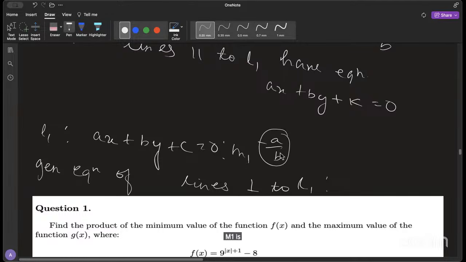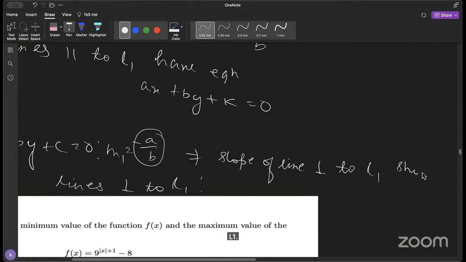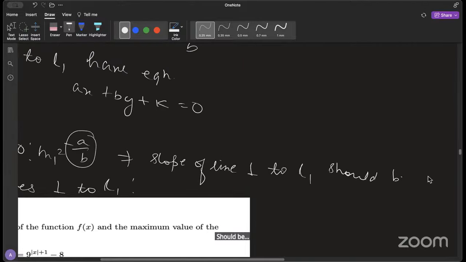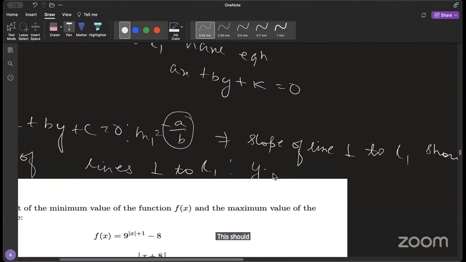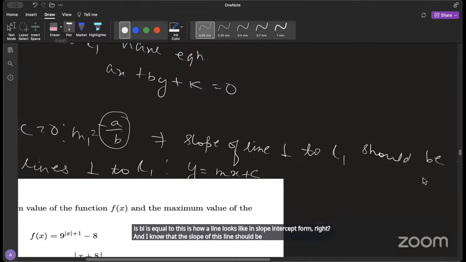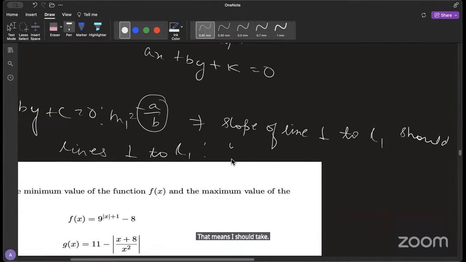So the slope of the line perpendicular to L1 should be b by a. That means it should be of the form y equals, this is how a line looks in slope-intercept form, right? And I know that the slope of this line should be b by a. So I should take y equals b by a x plus some constant.